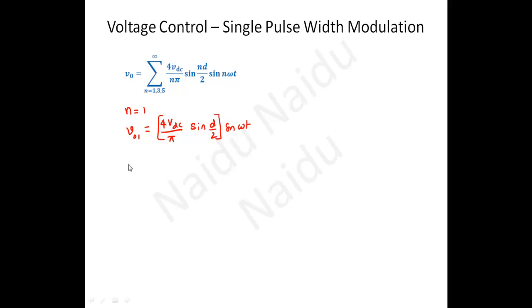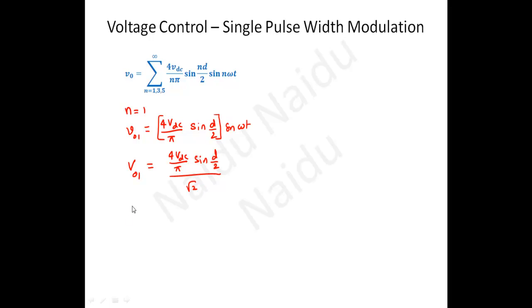Now this is a sine wave, so if you want to calculate the RMS value for the fundamental voltage, we need to take V01 equal to the maximum value, 4 VDC by pi into sine d by 2, whole divided by root 2.